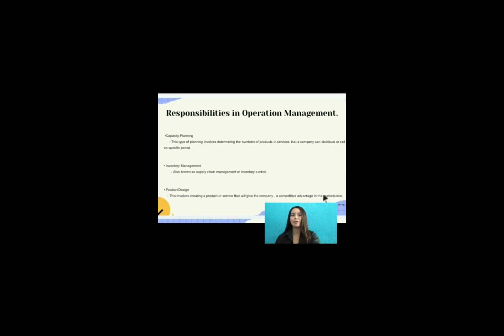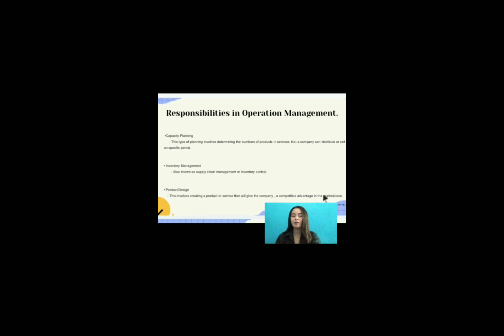So next is product design. This involves creating products or services that will give the company a competitive advantage in the marketplace. Product design is the detailed planning phase of a project that sets the foundations.